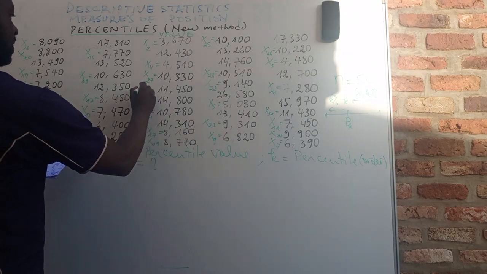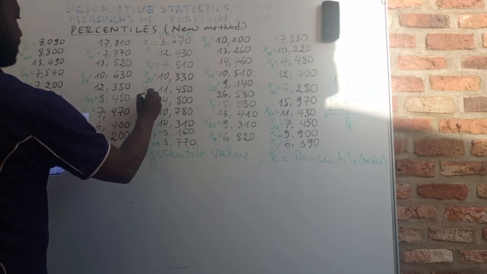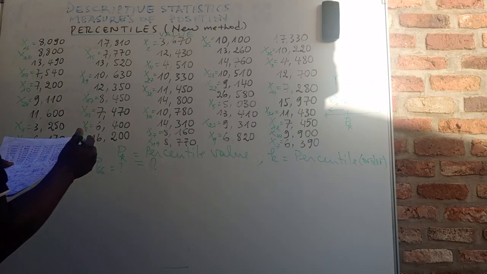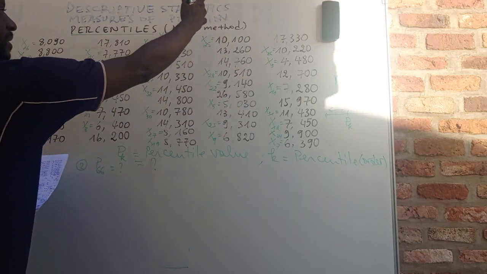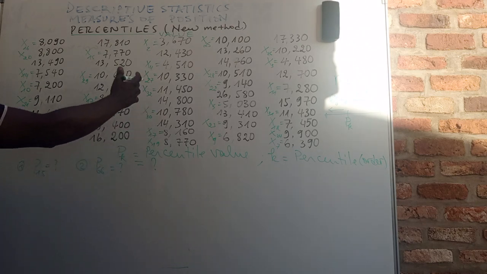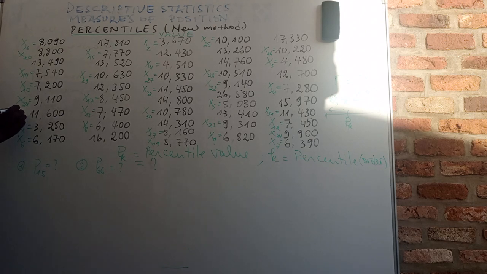This is X sub 32. X sub 33. 11600. No 11 here. No 11 here. 60. X sub 33.